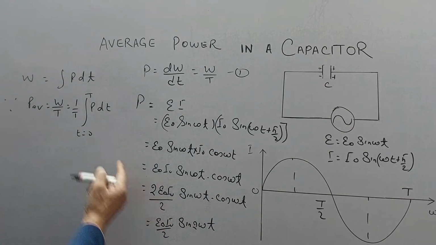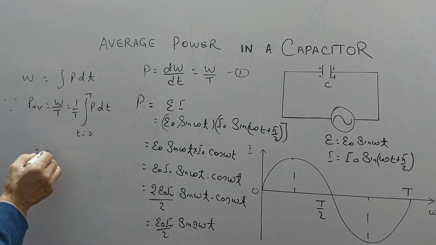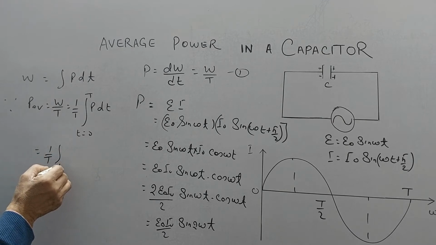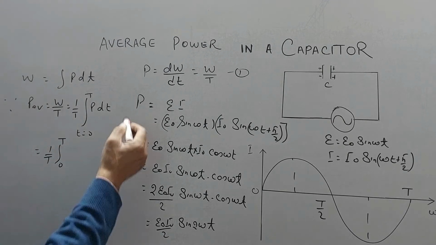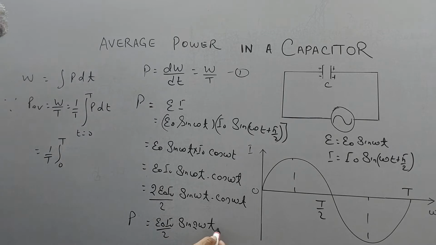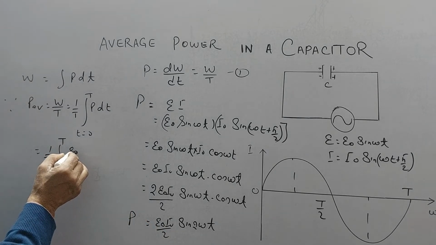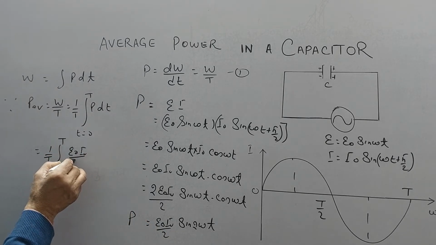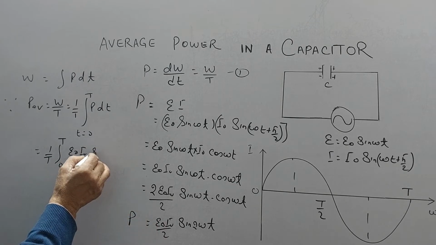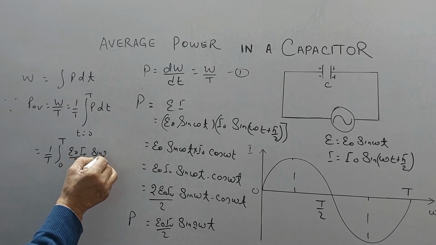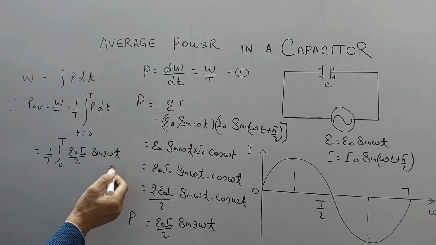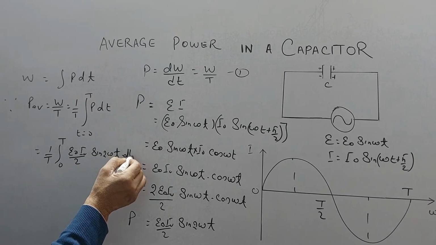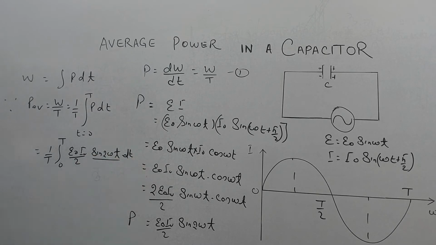Now putting this value here, 1 upon T, 0 to T, power has the value at the time of T, E naught I naught divided by 2, and it has the value sine of twice omega t into dt. We know the integration of sine 2 omega t is minus cos 2 omega t divided by twice omega.